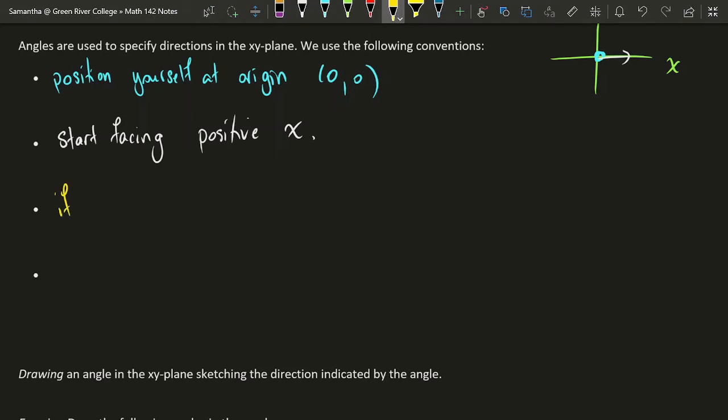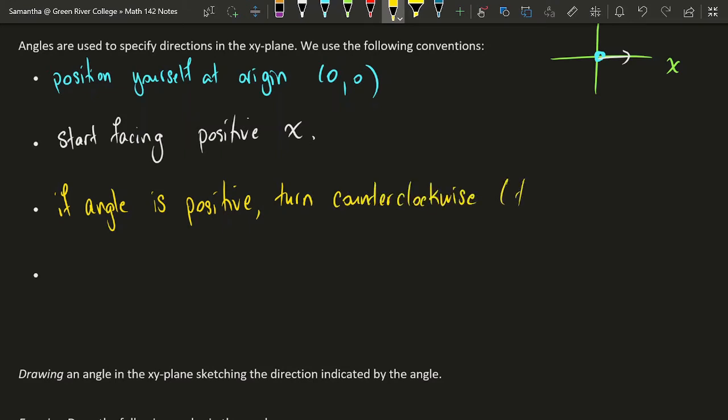If the angle is positive, you need to turn counterclockwise, which would be toward the positive y-axis, by the amount specified by the angle. If the angle is negative though, that's a sign that you need to turn clockwise, which is toward the negative y-axis.